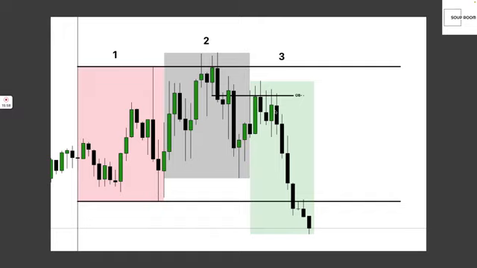Let's zoom in. As I've said, accumulation, manipulation, distribution. Right here, how do we know price will continue heading lower? We have a change in state of delivery. Keep that in mind as I'm going to explain more in the last few parts of this video. The change in state of delivery is the close below this order block.